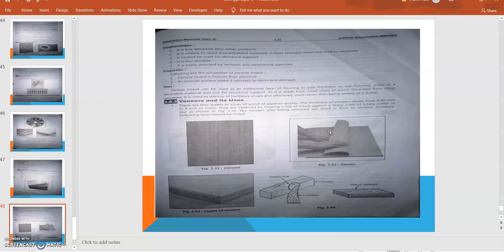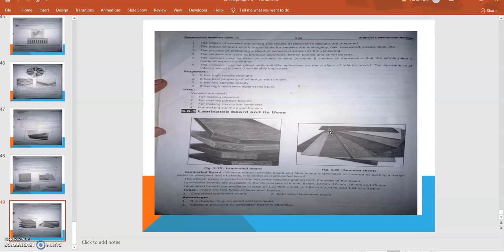Veneer shape can be easily observed. Then what are the uses: for making plywood, for making particle wood, for making decorative laminates, and for making Sunmica and Formica.